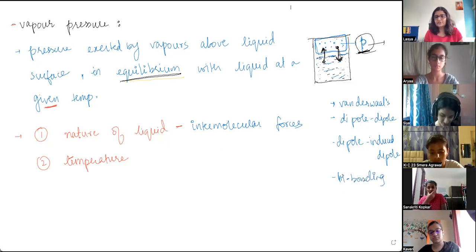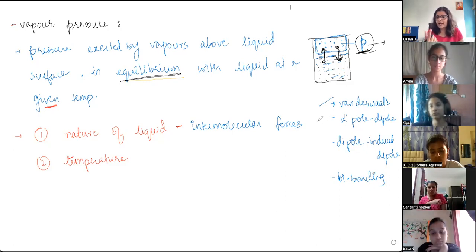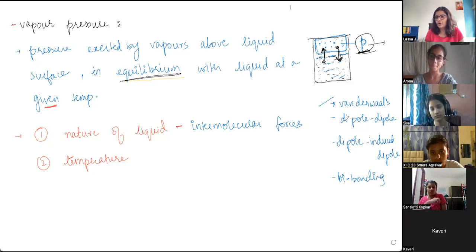So if you consider something like acetone, the only force at play is van der Waals. Maximum, because it has that oxygen, there can be a little dipole, but not very much. But if you look at something like water or ammonia, it has van der Waals, dipole and also H bonding.